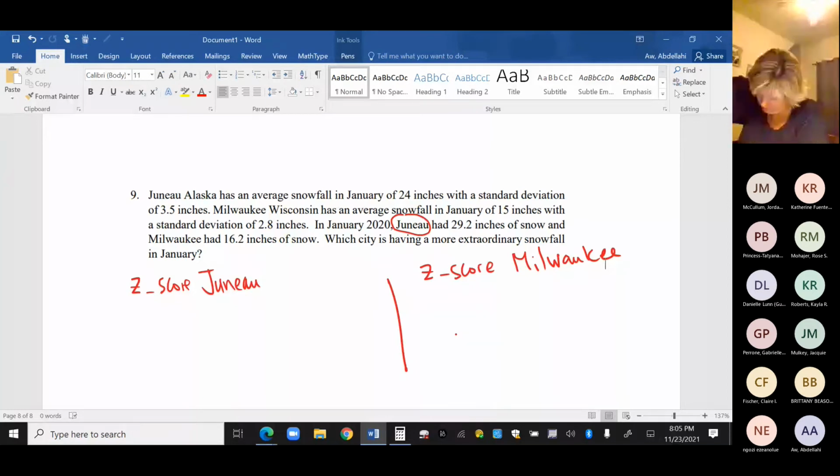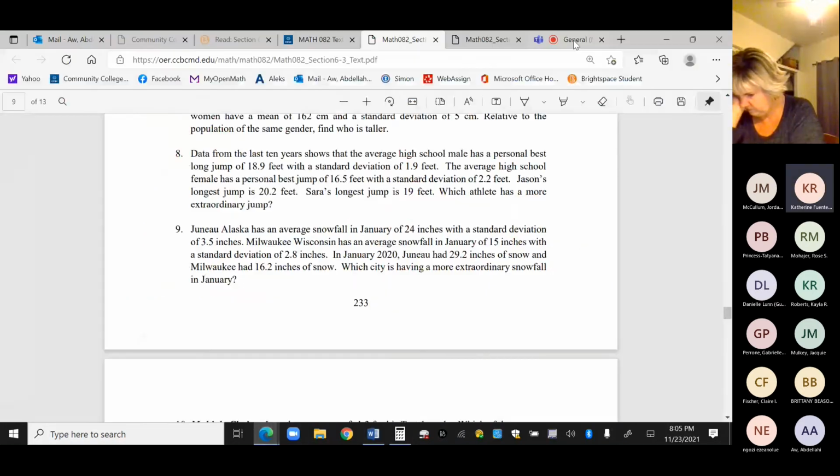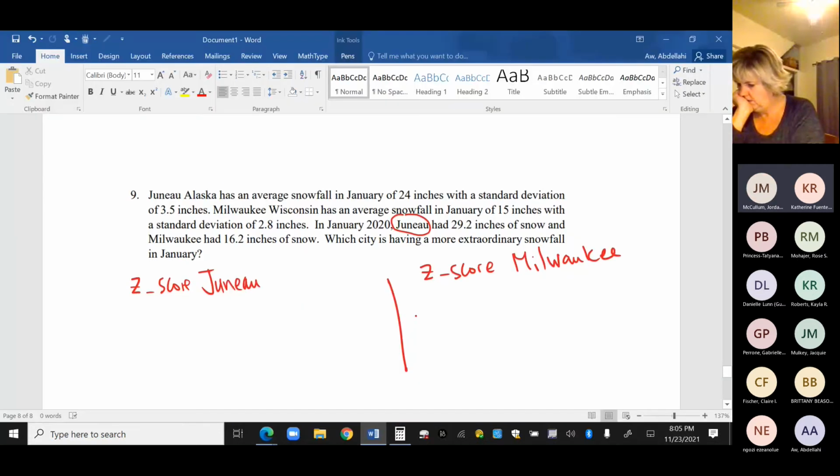All right, what do you say? Which city is having more extraordinary snowfall, Juneau or Milwaukee? Which city has a bigger z-score? Tell me, what is the z-score for Juneau? What is the data for the z-score? What is the x? The data is 29.2 minus what?